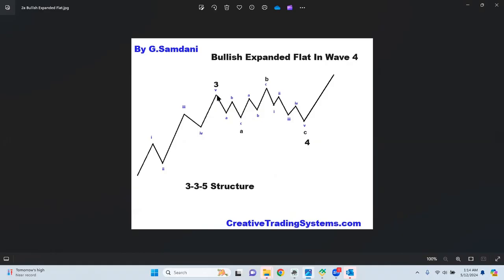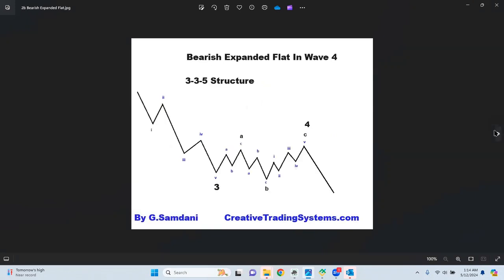If you draw the trend line from 3 to B, it will be rising. And A to C will be sloping, right? So they are divergent from each other, and this is called expanded flat. So this is a bullish one, and this is a bearish one, right?